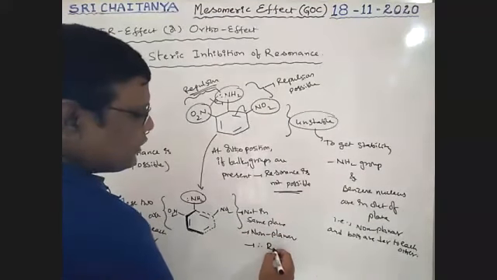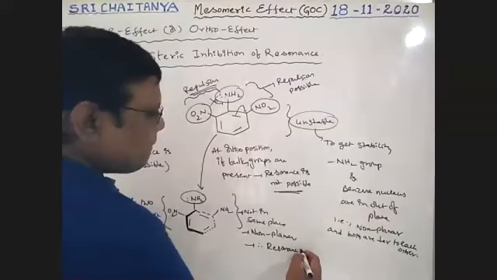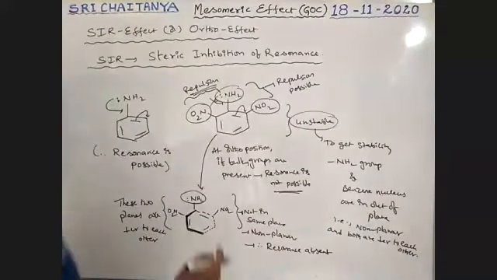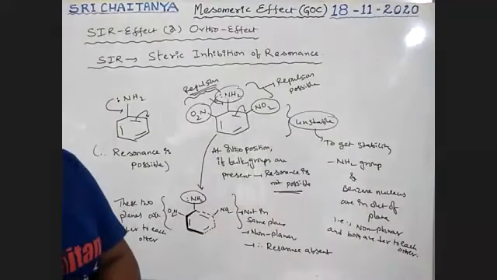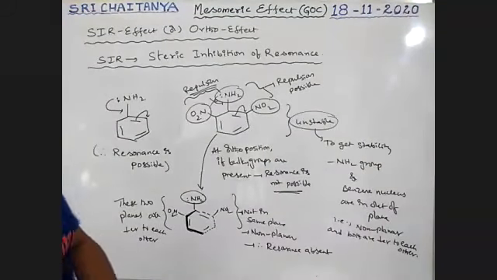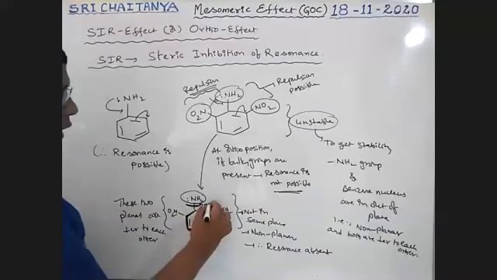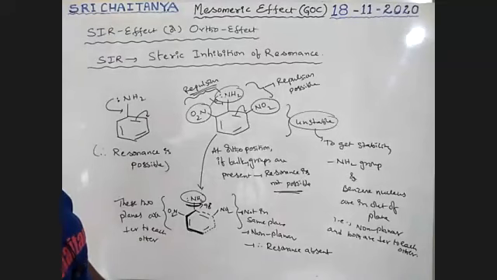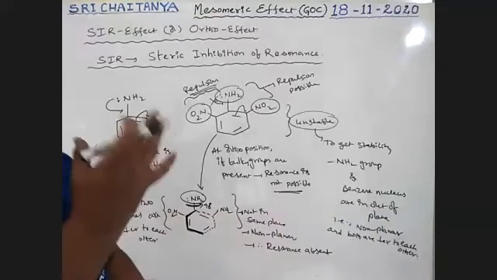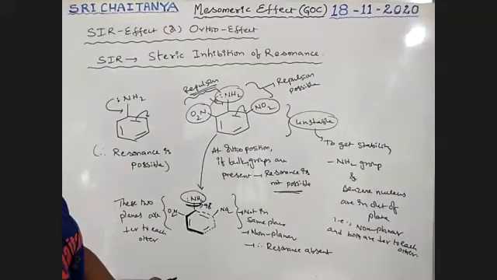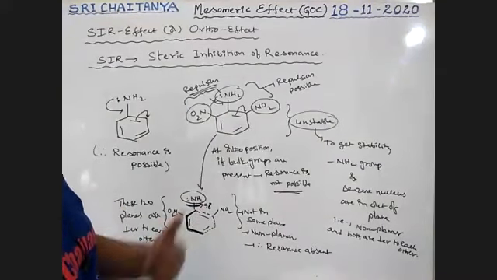Therefore resonance is absent, because for resonance, planarity is a must. The bond between these two is rotated 90 degrees, so both are in perpendicular planes. Therefore this effect is applicable.